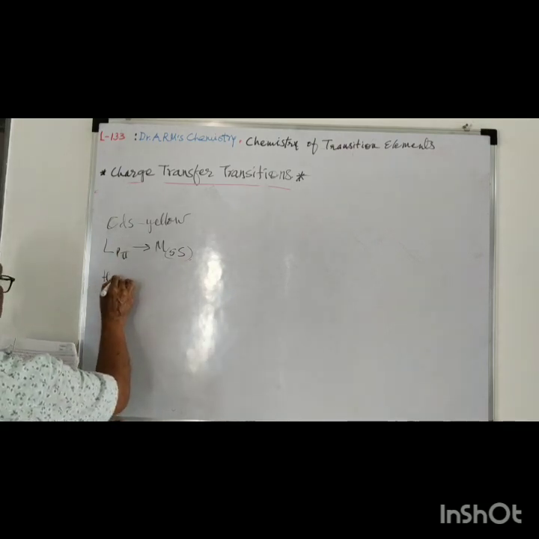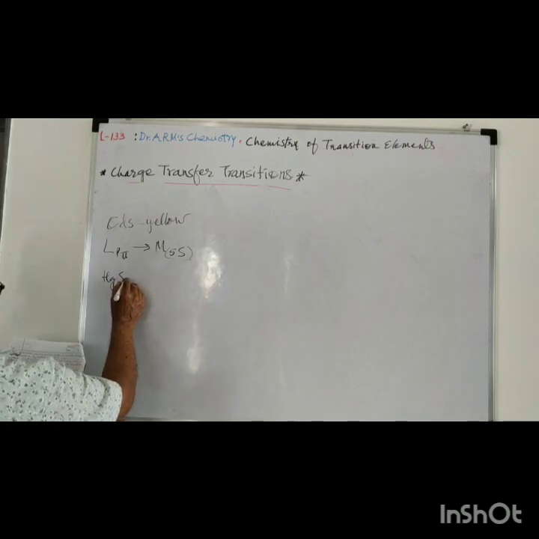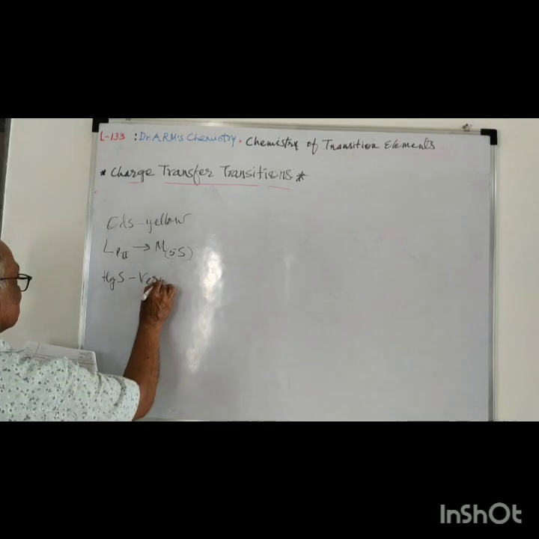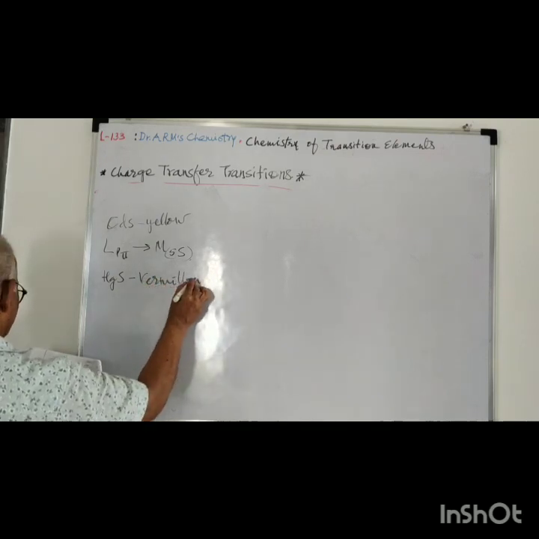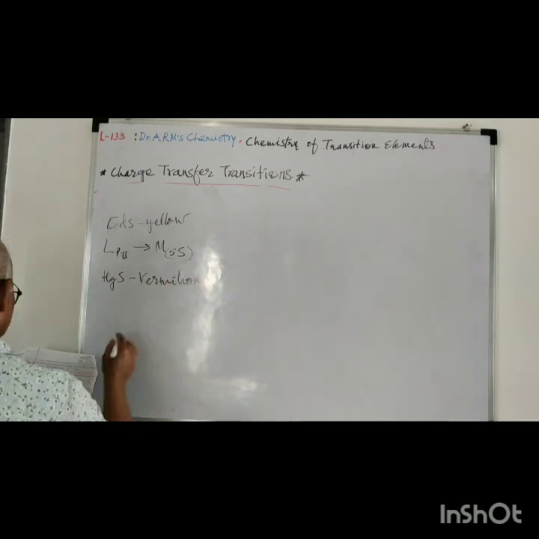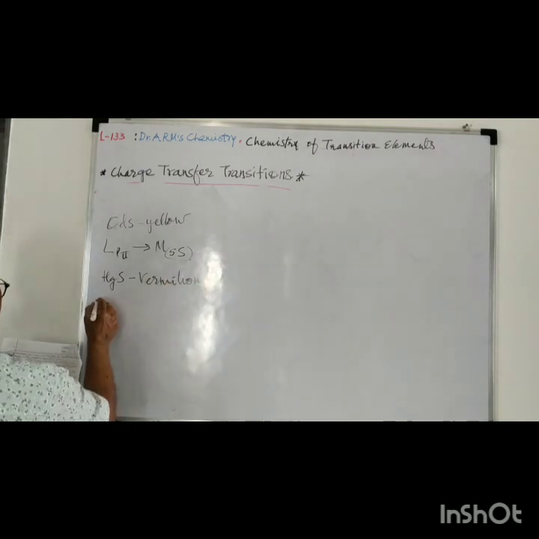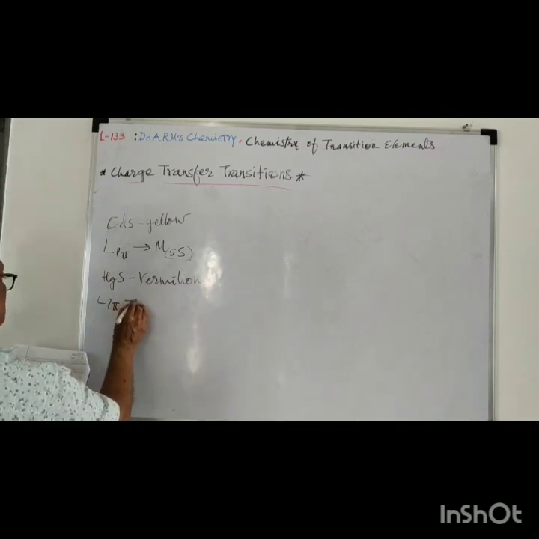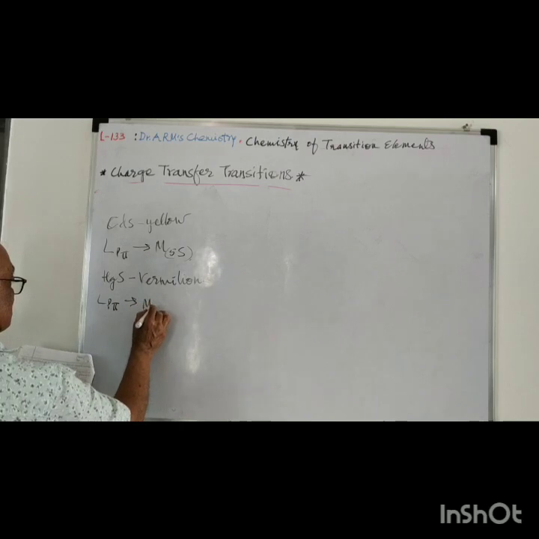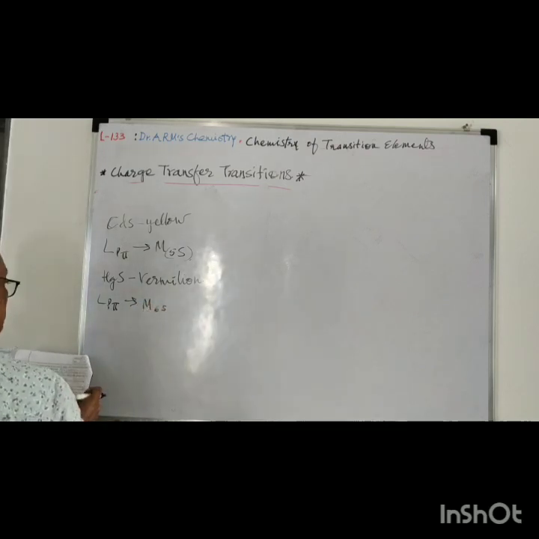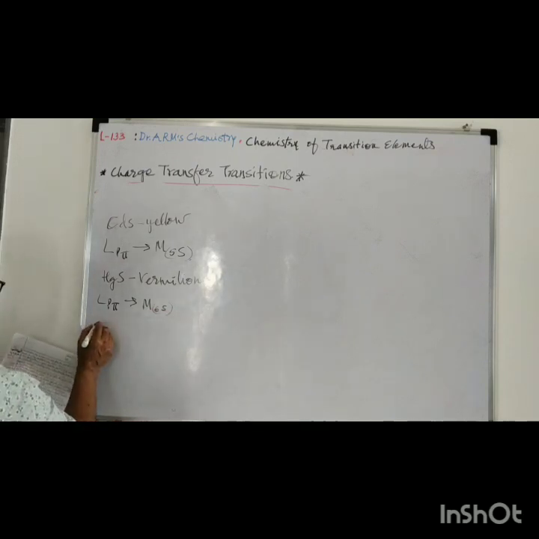Then HgS, the color is vermilion, and the transition is ligand p pi to metal 6s.